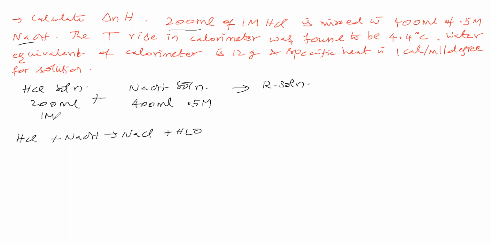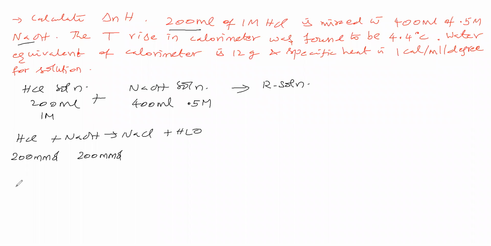Molarity into volume: 1 molar times 200 ml gives 200 millimole of HCl. 0.5 molar times 400 ml gives 200 millimole of sodium hydroxide. Both are in same millimoles, so both react completely. Nothing is remaining.